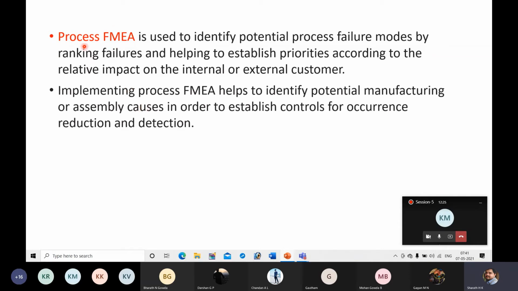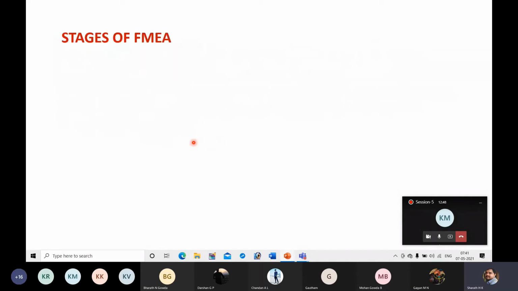And here, if there are many failure modes, we are going to give priority. We have to concentrate on which type of failure. Implementing process FMEA helps to identify potential manufacturing or assembly causes in order to establish control for occurrence reduction and detection.